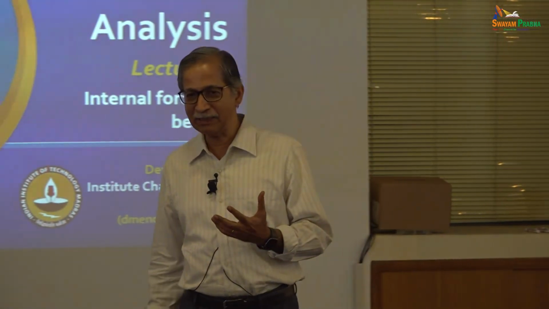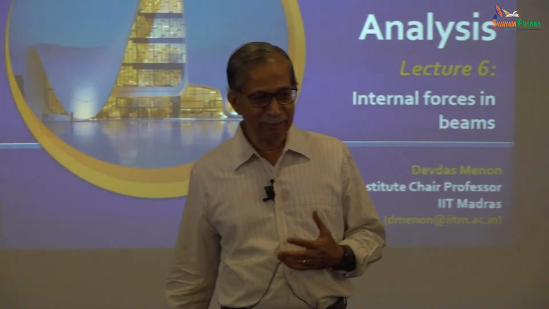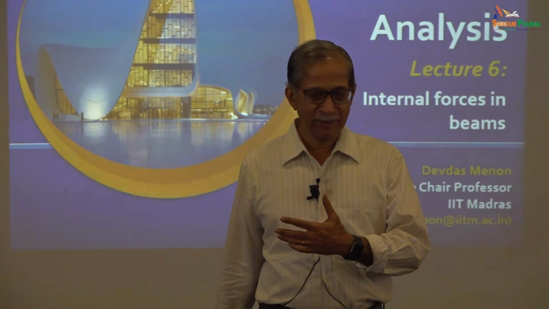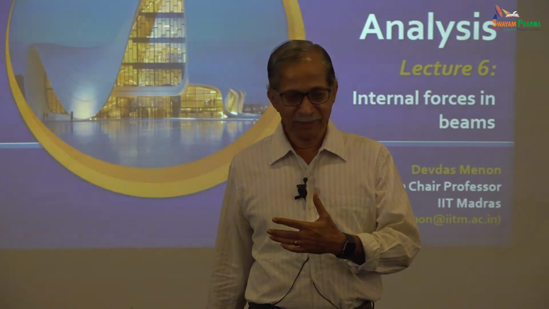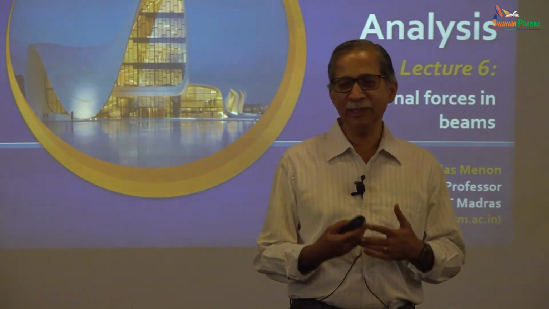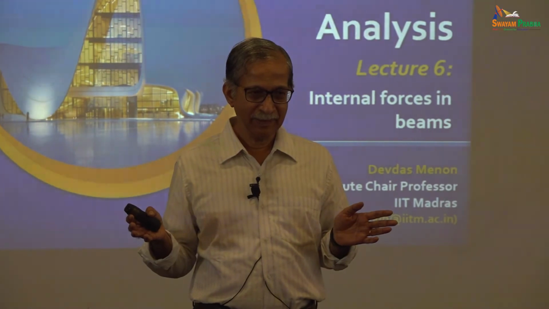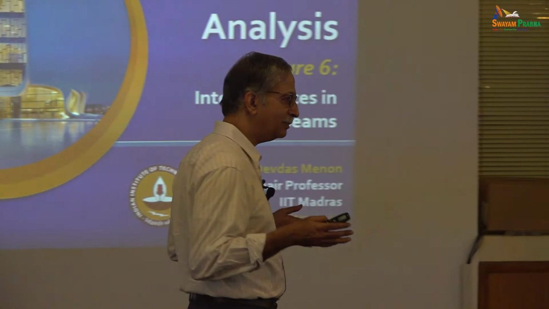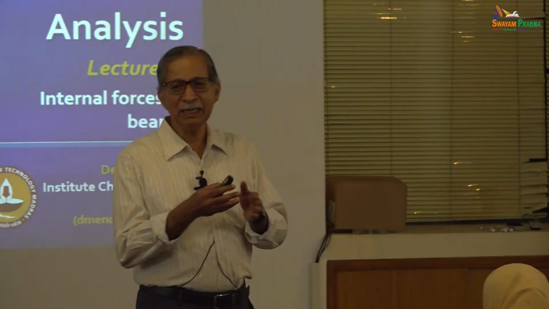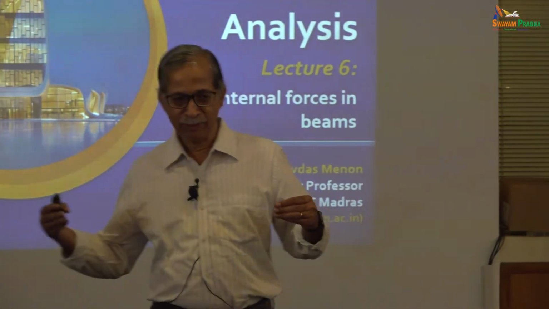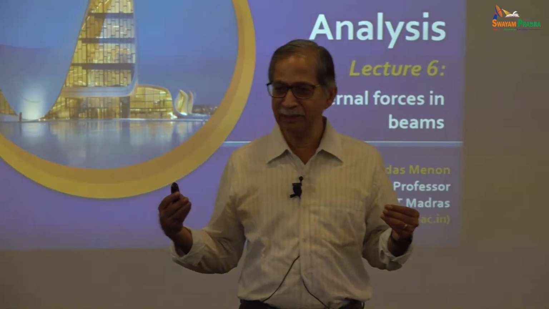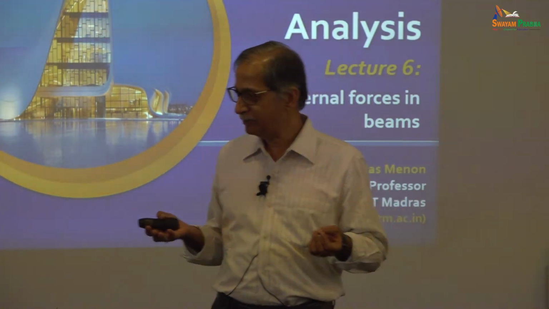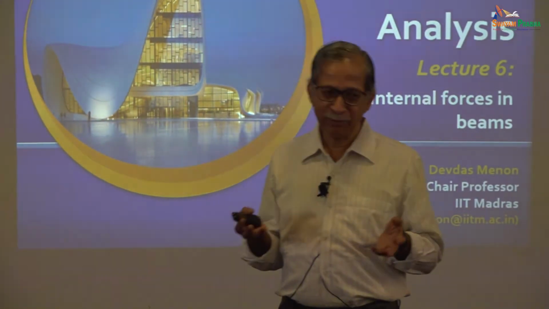And if you remember in the last class, you defined a beam as a structural element which is subject to bending, and it resists external loads, typically applied transversely to the longitudinal axis of the element, by bending, by developing bending moments, and also shear forces.